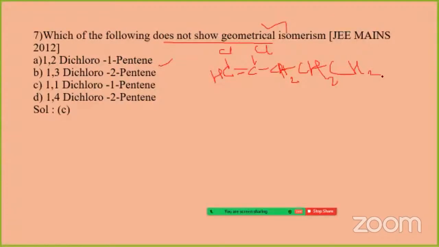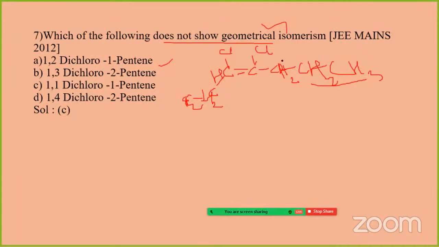So for this we can show the geometrical isomerism, by rotation of these bonds. If these two chlorines are present on the same side, then it will become cis isomerism.